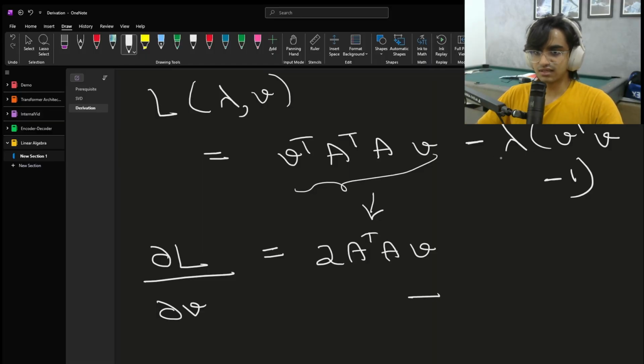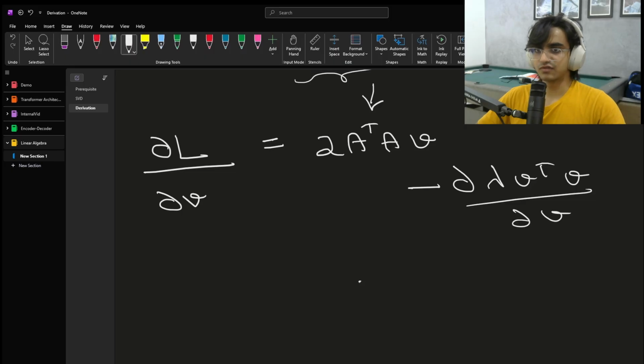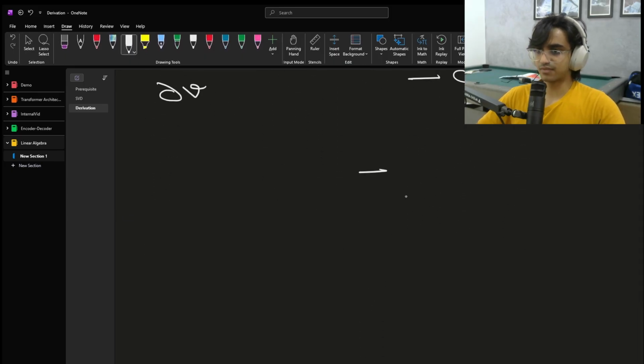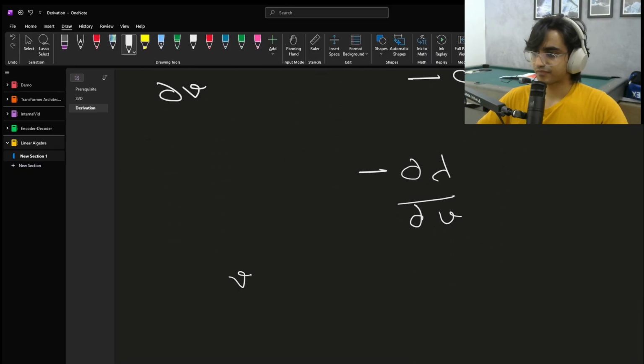Yeah, and similarly, if we take this term, so this is going to be del of lambda V transpose V by del V. And before that, let me finish expanding this: minus lambda, del lambda by del V. V transpose V can be written as V transpose IV, where I is the identity matrix.